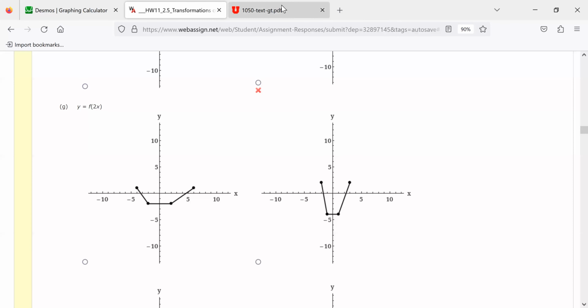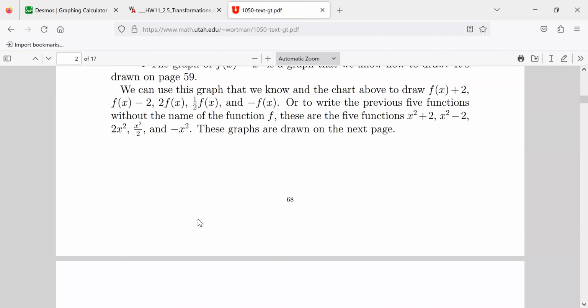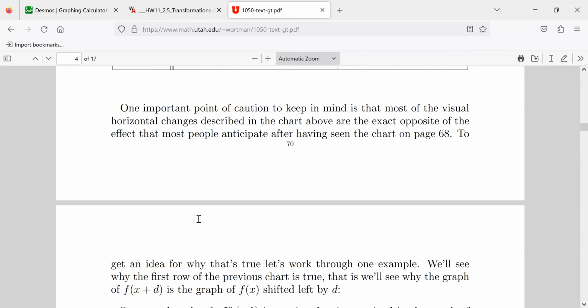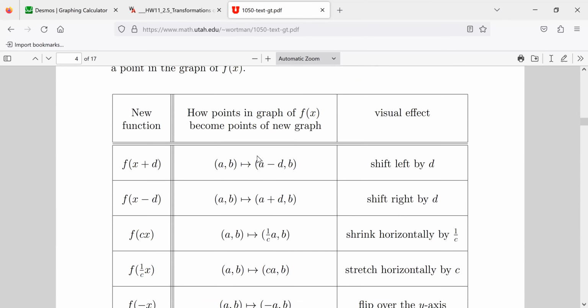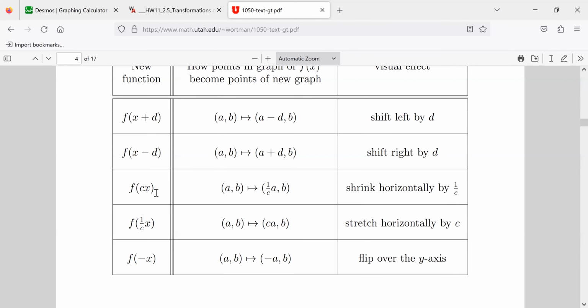Yeah, it's going to double the x value. So let's see. Oh, actually, it's the opposite.